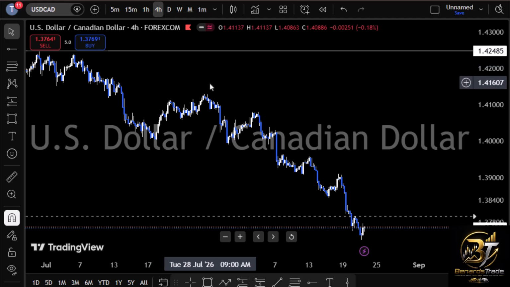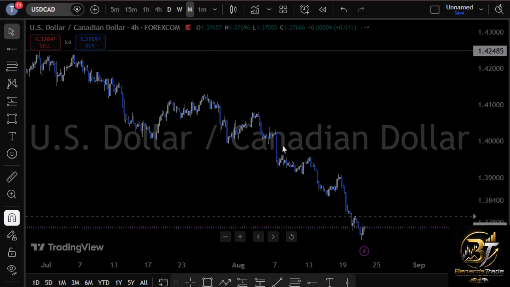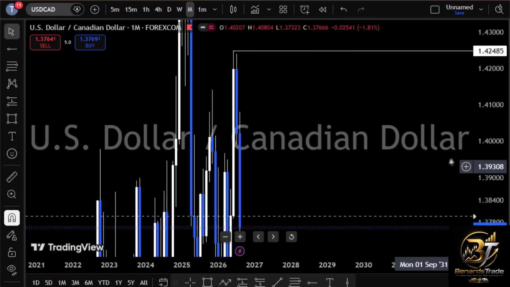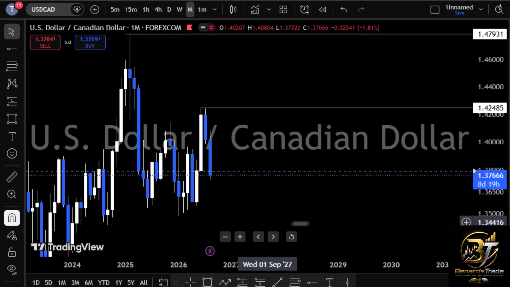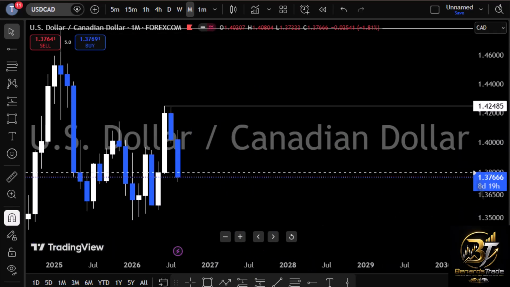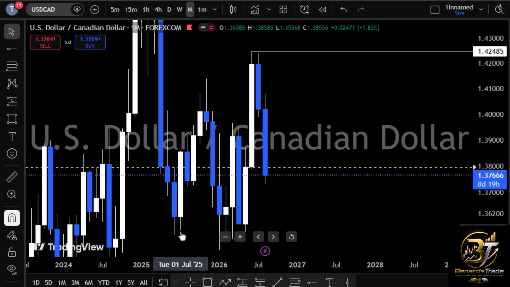Now, I normally like starting from a very high time frame, monthly, to start my analysis. So the monthly to me is looking bullish. Took liquidity here, swing high, we displaced above it, left a fair value gap.